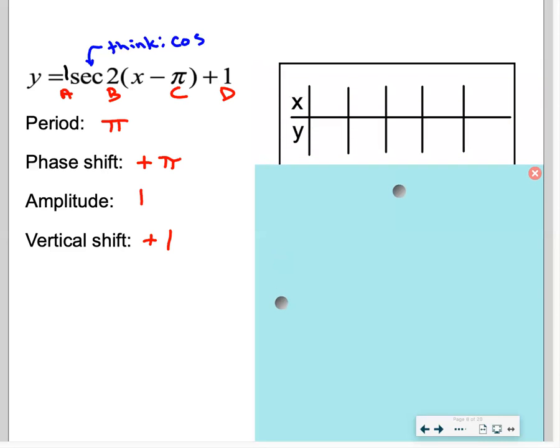Some of you may have already done this, but now you want to start with your original cosine table. And then cosine goes 1, 0, -1, 0, 1.